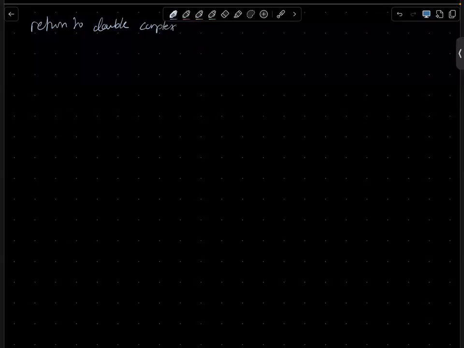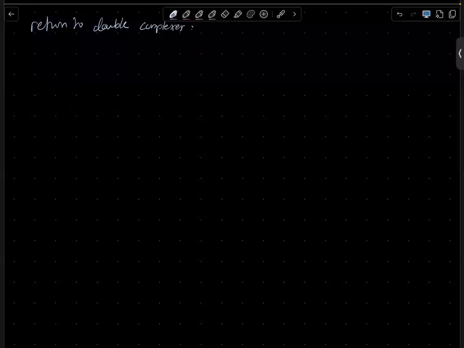Okay. So we'll investigate this idea in the context of double complexes. So we're back, like IKEA furniture, no extra pieces. So return to double complexes.